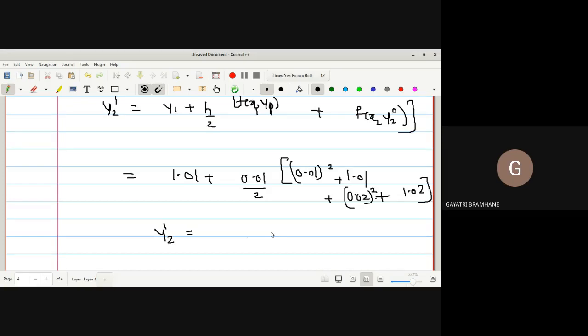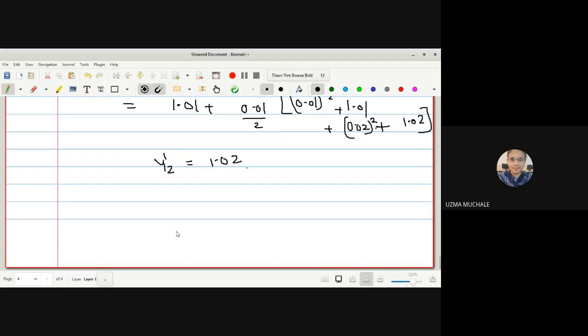1.02, ma'am. Okay, 1.02. Right. So you can find out for the next, that is y2'', and then if you are getting the same answer, we can stop the procedure and we can make a table for values of x and y. Let us proceed to find out y2''.